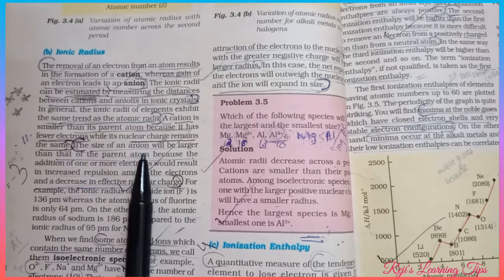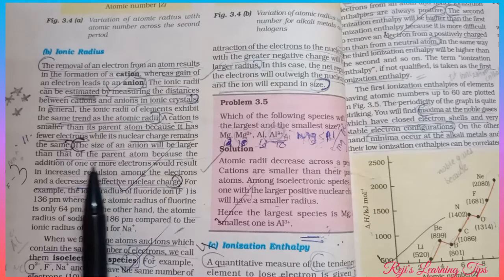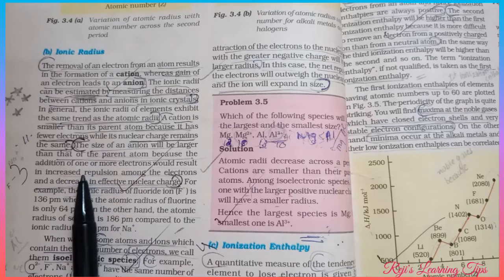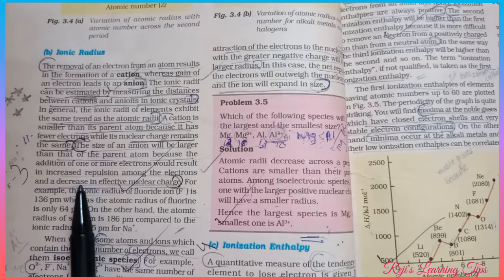But in the case of an anion, the size of the anion will be larger than that of the parent atom because the addition of one or more electrons would result in increased repulsion among the electrons and a decrease in effective nuclear charge. In the case of the anion, chlorine has atomic number 17, so it contains 17 electrons and 17 protons.